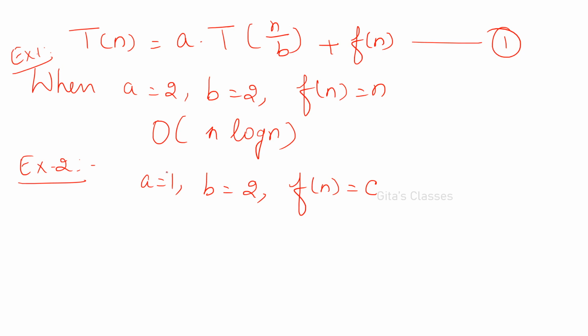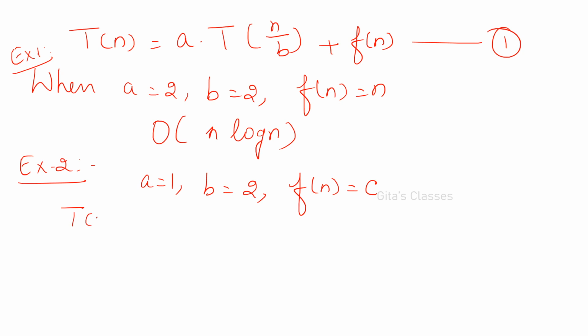Actually here one can be ignored. So A is equal to 1. That means only one part we are going to solve. The other part can be ignored. So in this case, there is no need to combine the solutions. Only one solution. That's why we have taken f of n is equal to C.